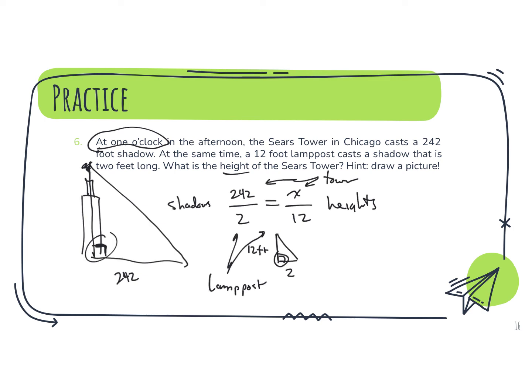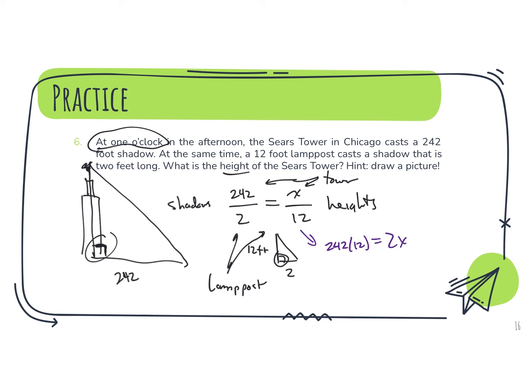Okay, you want to keep the same thing, the same thing. So, I did not leave myself any room to do this one, so I'll go over here. If I take 242 times 12, that will equal 2x.